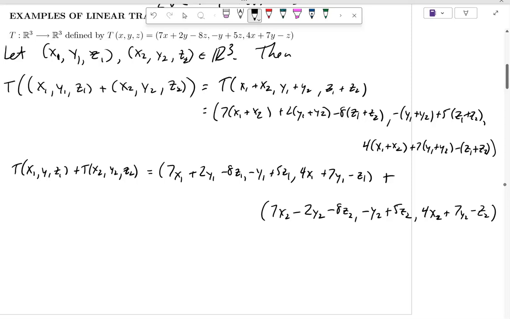Basically, I wrote the transformation over twice, just with some subscripts rather than the variables that we started with.